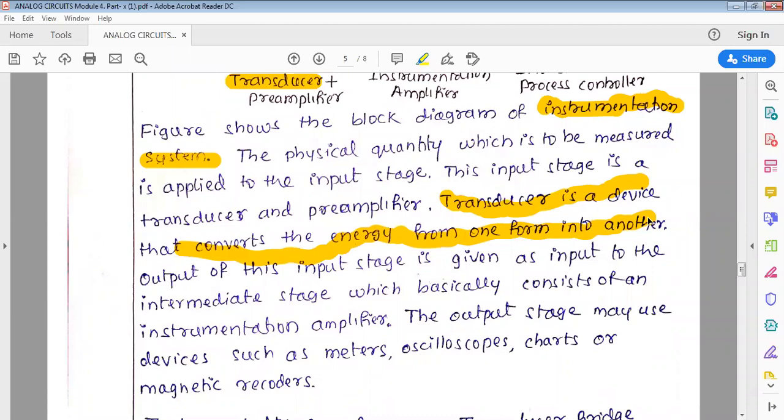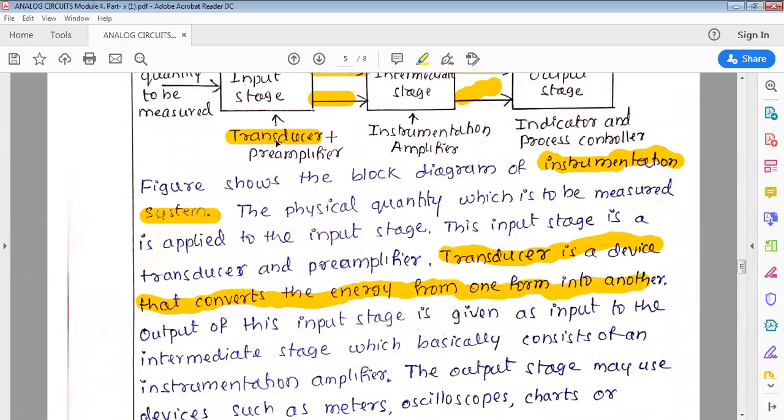The electrical signals come to the speaker and it can be called a transducer because it converts those electrical signals into audio signals so that the signals can reach the human ears. So basically I can define a transducer as a device that converts energy from one form into another.